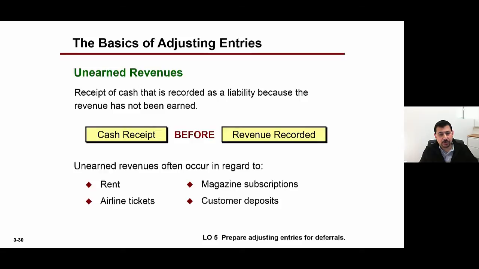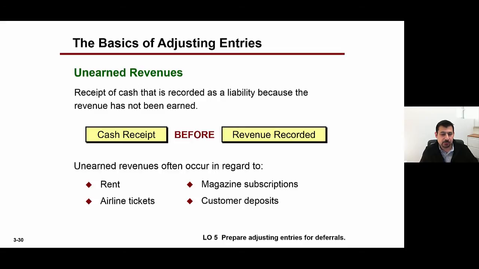And this is why now there's a new obligation that the company has to satisfy. Basically they have this performance obligation. They need to perform a certain service or to provide a certain product. In the case of magazines, they have to deliver 12 volumes to the clients. Now this is opposite to prepaid expenses.